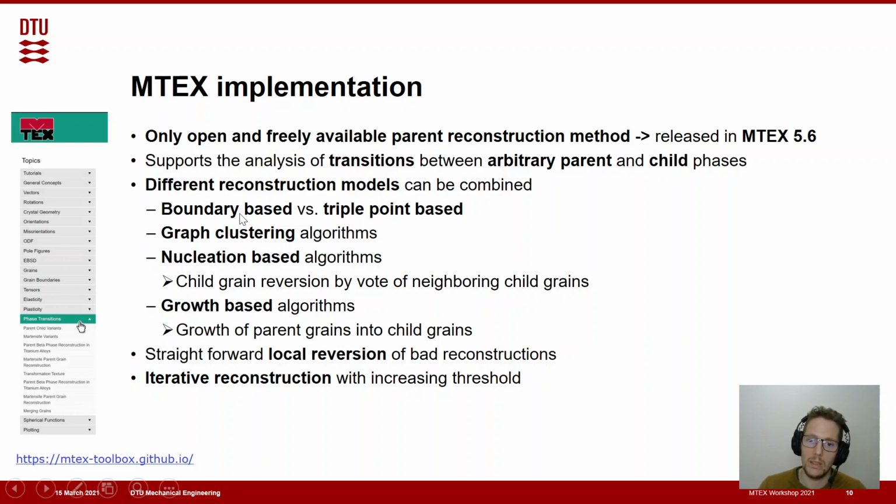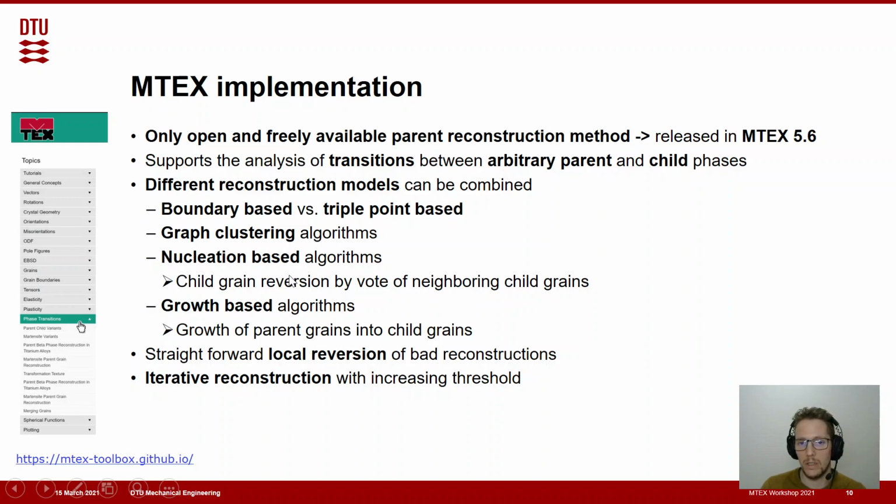So there's boundary-based versus triple point-based algorithms. Most of them are boundary-based, but we can also look at triple points, where we have three, let's say, orientation variants coming together to form what we could call a nucleus. So a point where we kind of know the parent orientation. Then we have graph clustering algorithms. That's the one I just briefly touched on before, the Markov clustering.